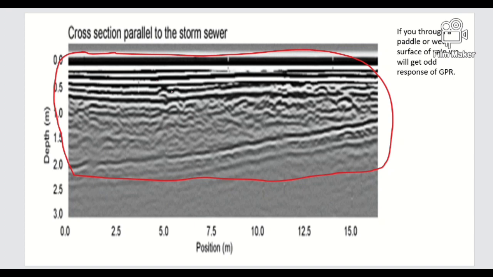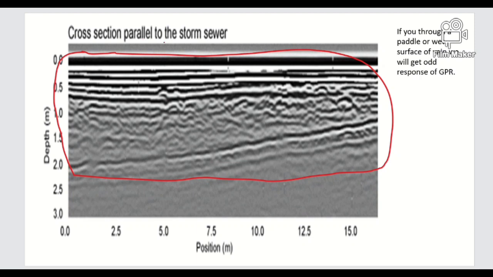So here we will see if there is any water line or any ice surface on the ground where the survey was conducted, and the interpreted data gives this type of image.